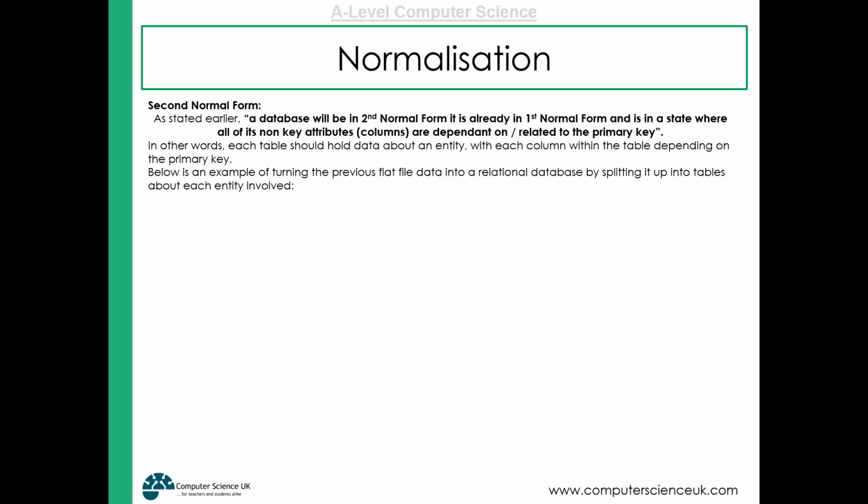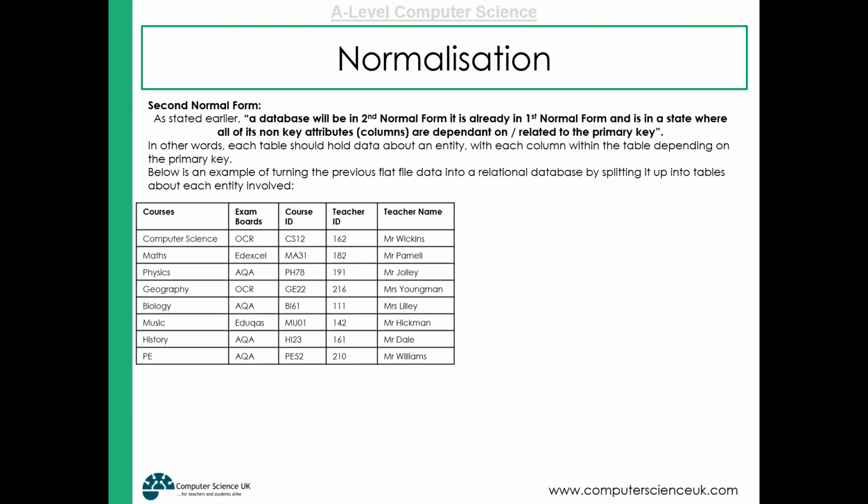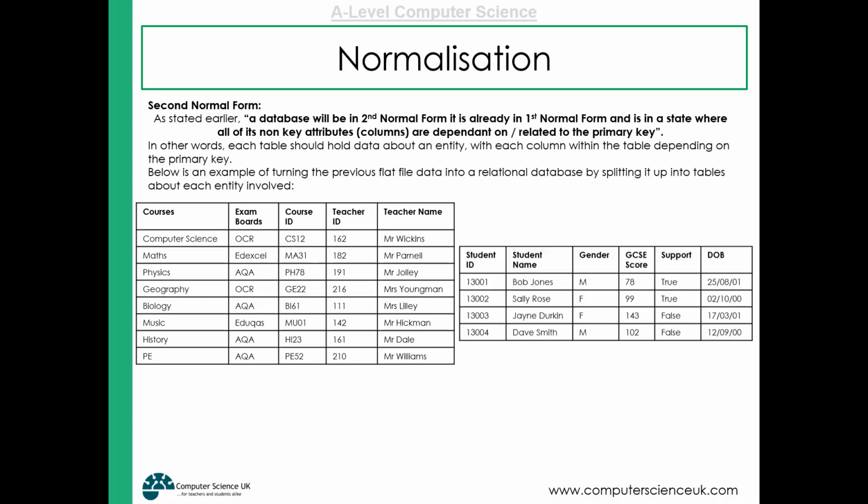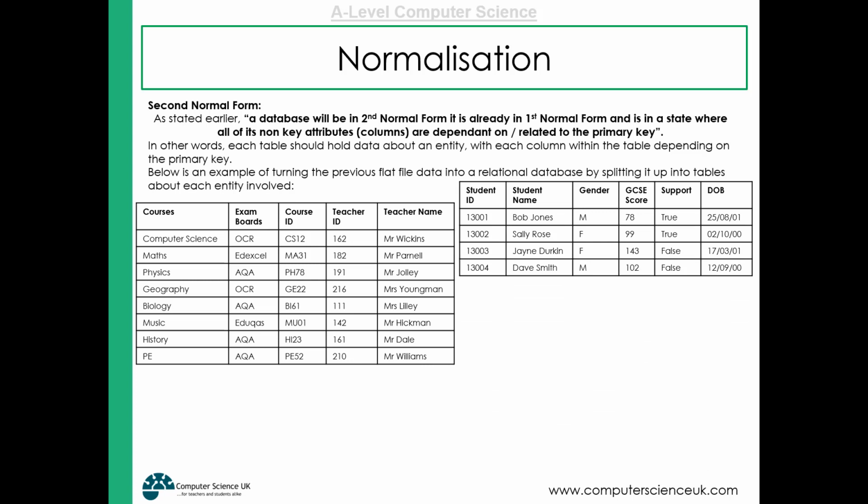So what we're going to see now is an example of turning the previous flat file database into a relational database in second normal form, by splitting it up into tables about each entity. So here we've got an example of a table just about the students, and you can see here that each student has a name, gender, GCSE score, support that they have, and date of birth, and that information definitely does relate to the student.